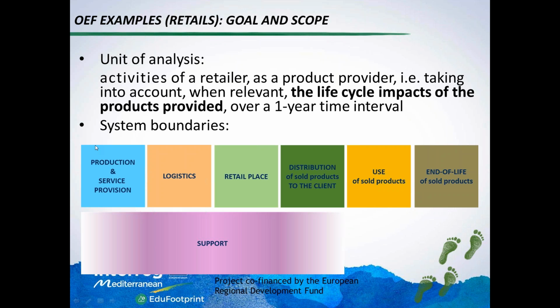The boundaries of the system were these. They considered production and service provision, logistics, retail place, distribution to the client, use and end of life, and all the support phases which are connected with the previous ones.